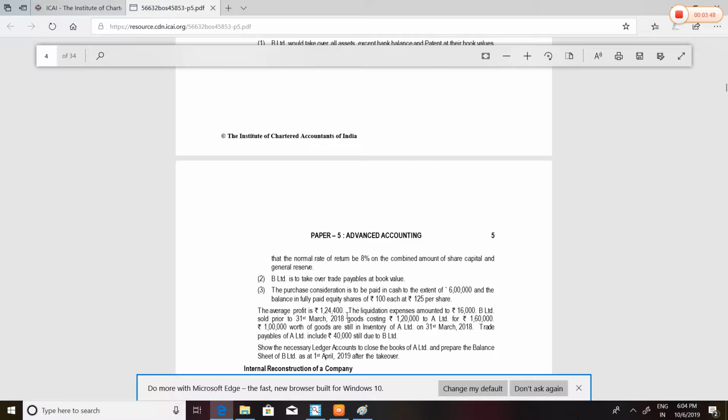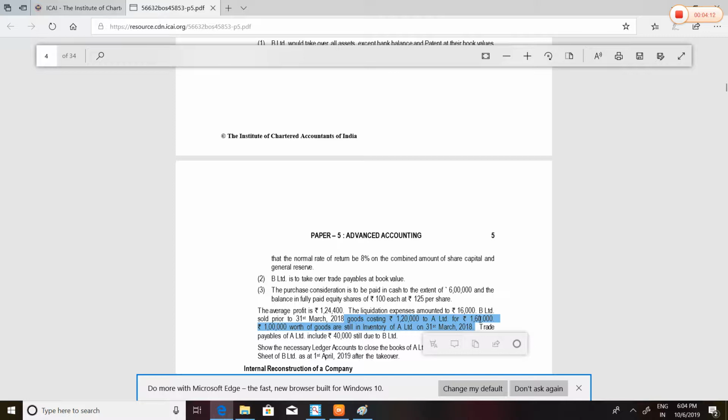B Limited sold, prior to 31st March 2018, goods costing rupees 1,20,000 to A Limited. Important point: B Limited sold certain goods of rupees 1,20,000 to A Limited at a profit of rupees 40,000.